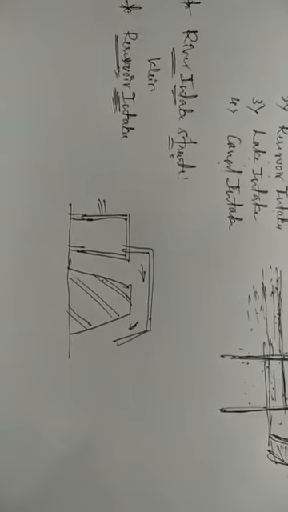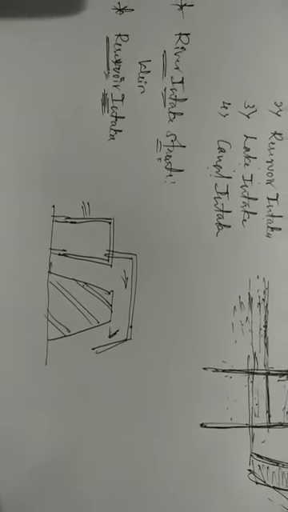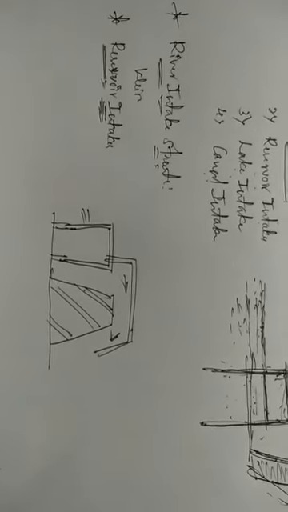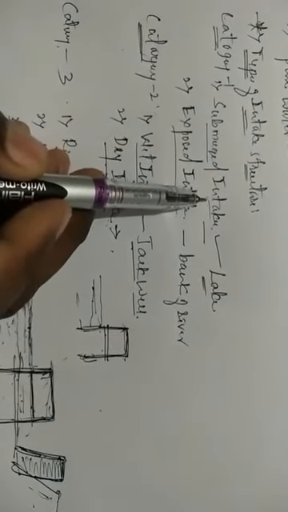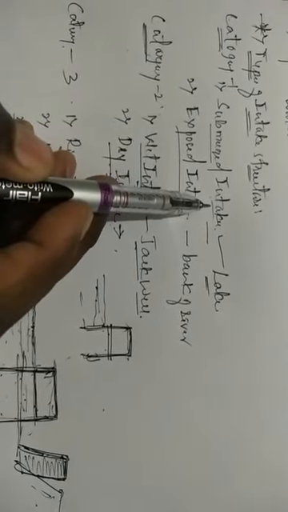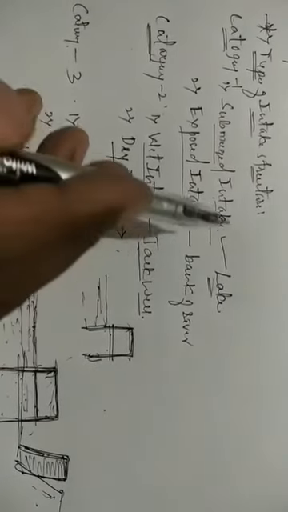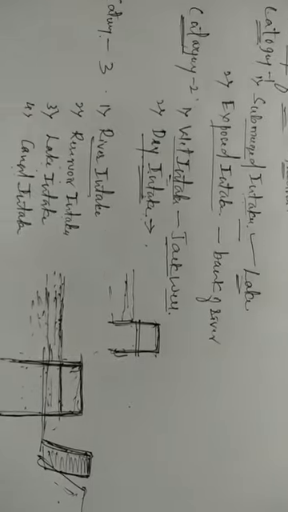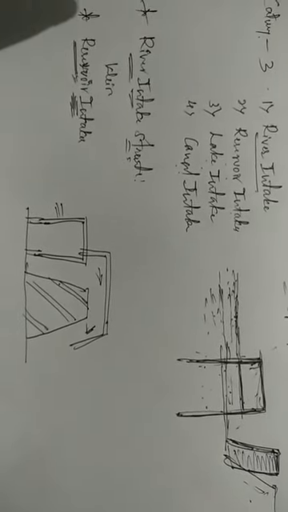Next one, lake intakes. Lake intakes are nothing but submerged intakes. As I told you, submerged intakes are constructed inside or under the water level of the water source, so they should be constructed in lakes only. So lake intakes are also called submerged intake structures.